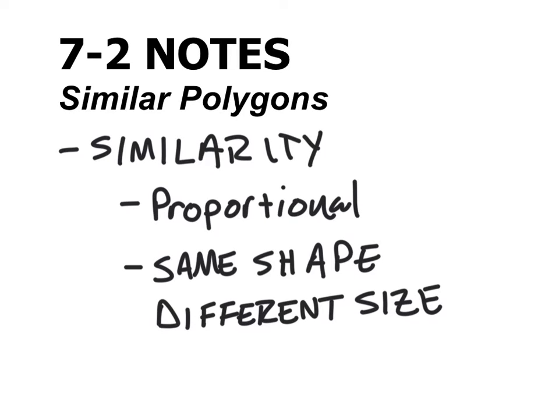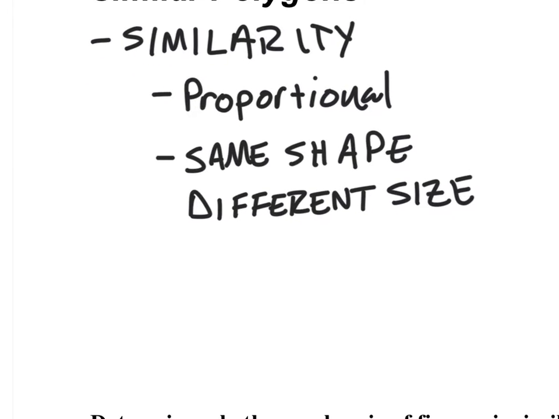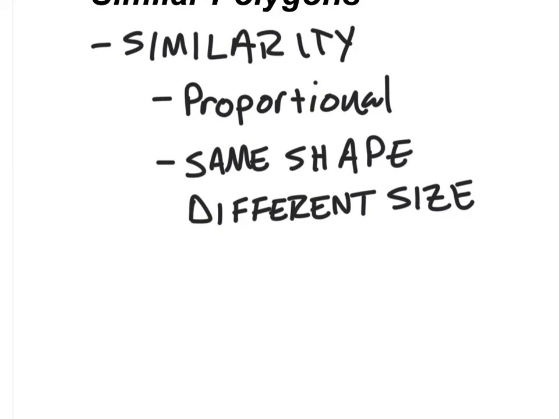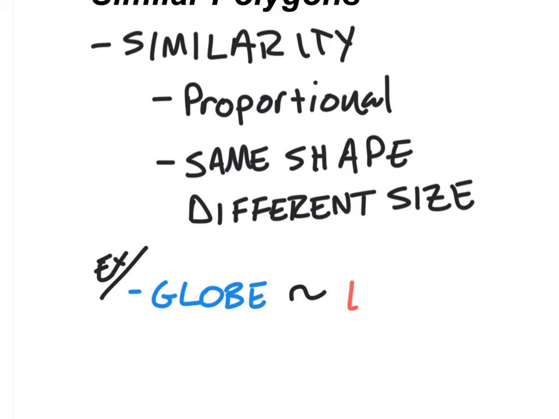An example of something that is proportional would be a globe. You see these things all the time. A globe is similar to the Earth. They're the same shape but different size.